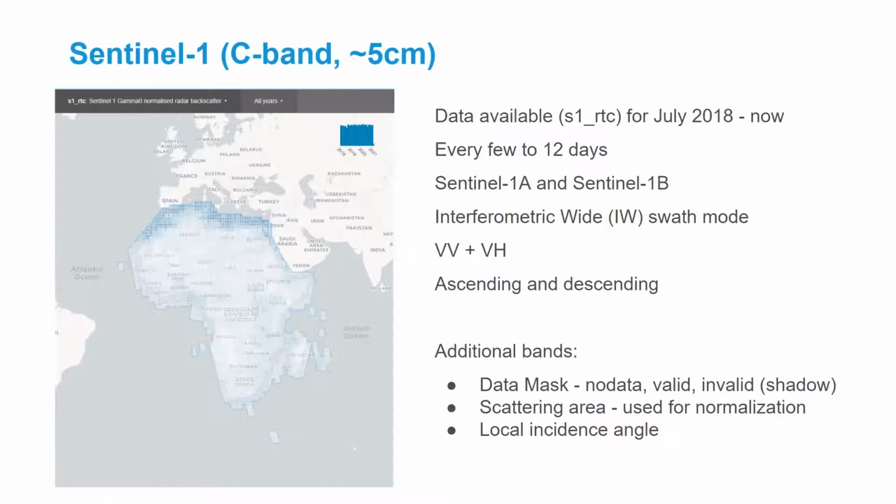And the other thing is the data coverage we have is actually from July 2018. This is partly because we were hoping to get more data, but it turns out that the data volume and the coverage over Africa is more than what we initially expected. So we decided to restrict to only start from July 2018.